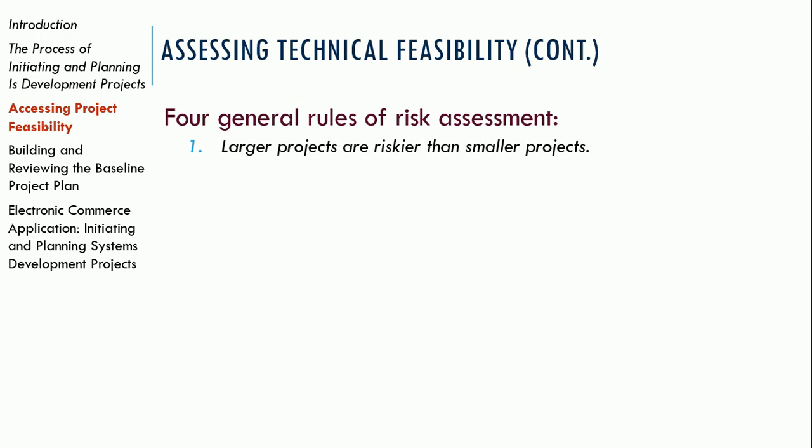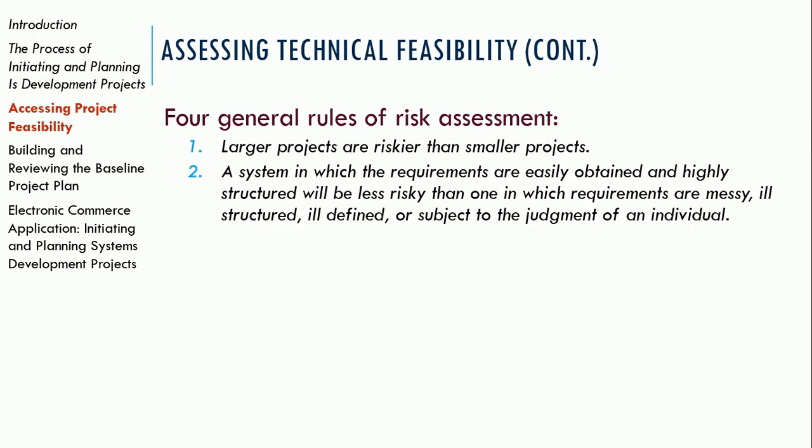So, four general rules of assessing this risk. One, larger projects are riskier than smaller ones because there's a much larger outlay of cash, which relates back to our financial feasibility analysis. Two, a system in which the requirements are easily obtained and highly structured will be less risky than one that's messy, ill-structured, ill-defined, or subject to the judgment of an individual.